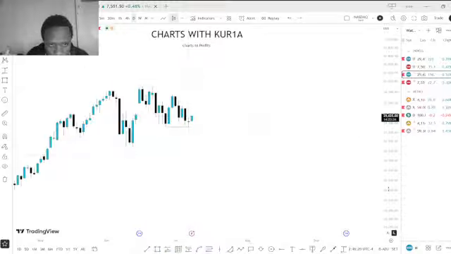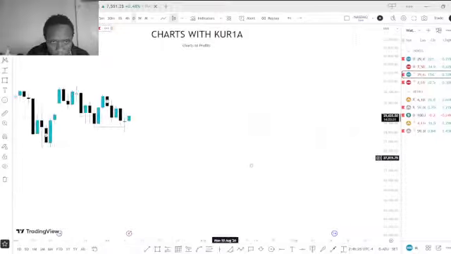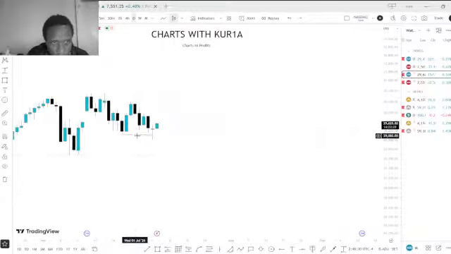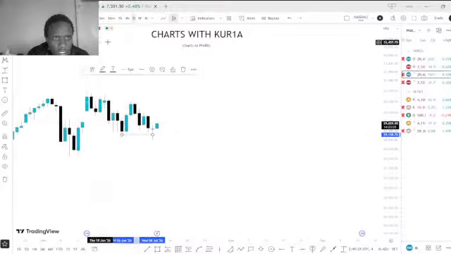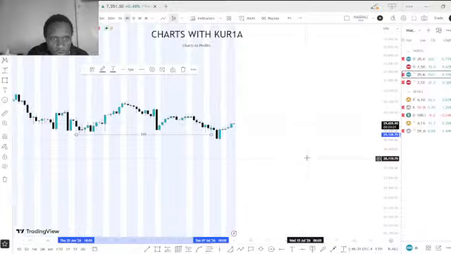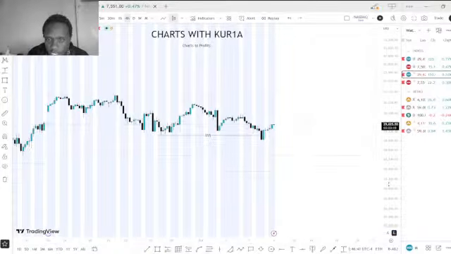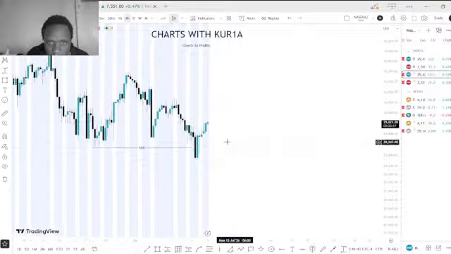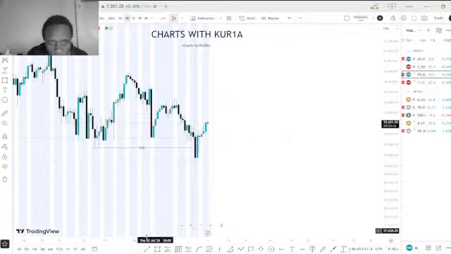So when I saw that, that becomes a liquidity sweep to me. And if that's a liquidity sweep, then I go to the 4 hour or the 1 hour to look for something interesting to trade. So what I can see is that we already have this 4 hour change in state of delivery.